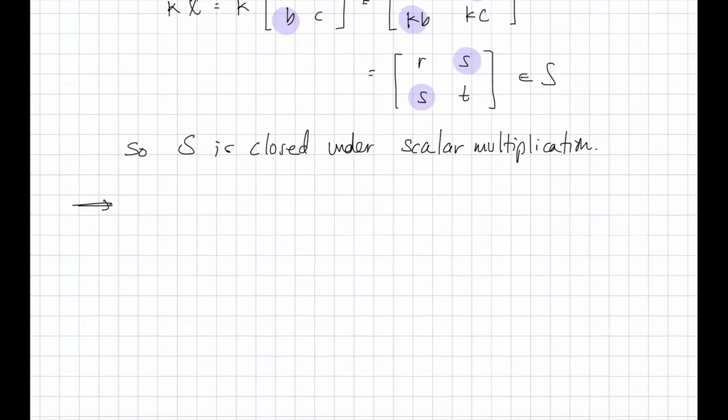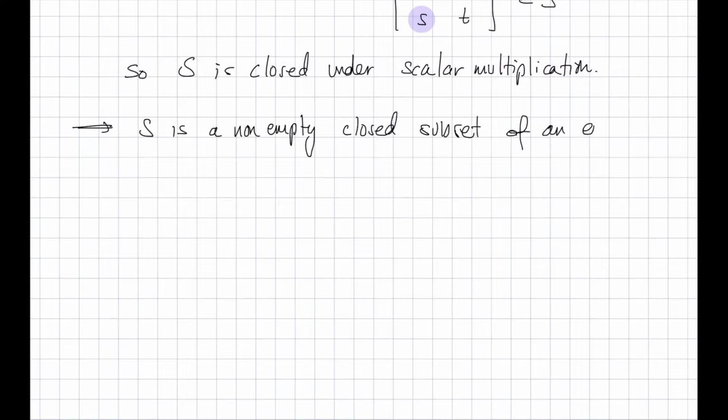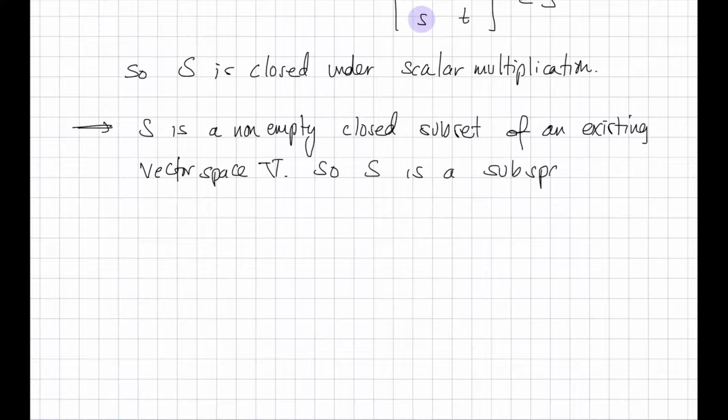So to recap then, and this would be good to do for your proofs, S is a non-empty closed subset of an existing vector space V. So S is a subspace of capital V. Please note the subtle difference here in the terminology I'm using, right?